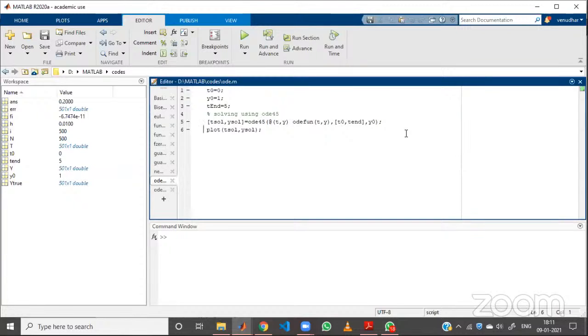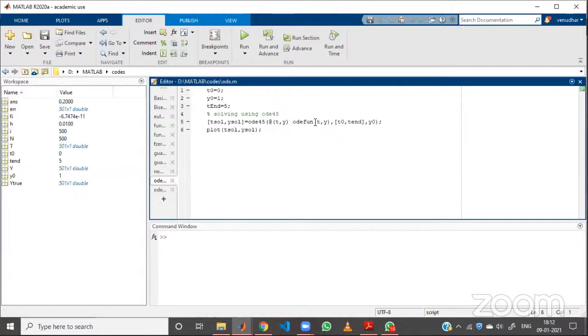The values we have given are t0 equals 0 and t_end equals 5.